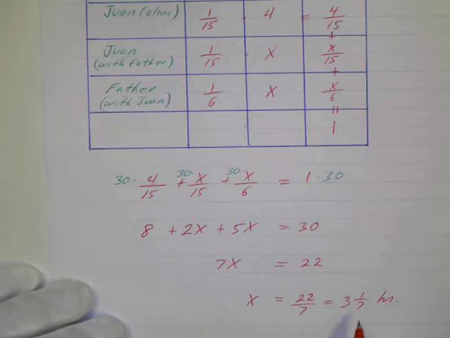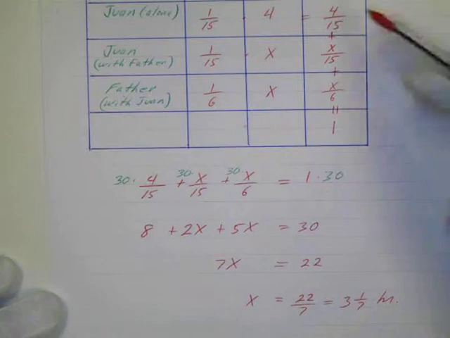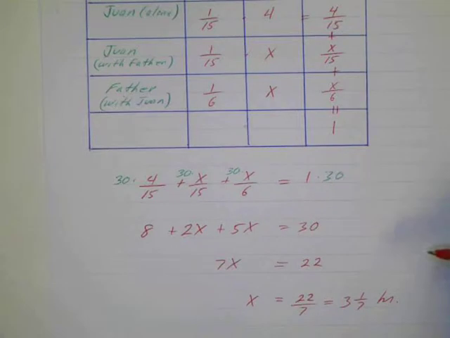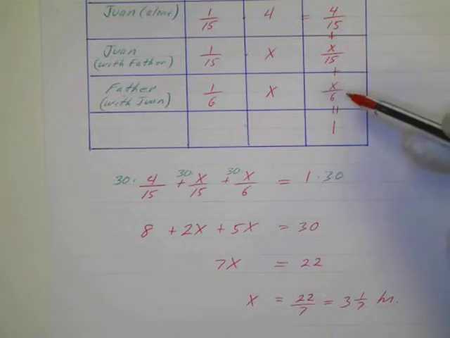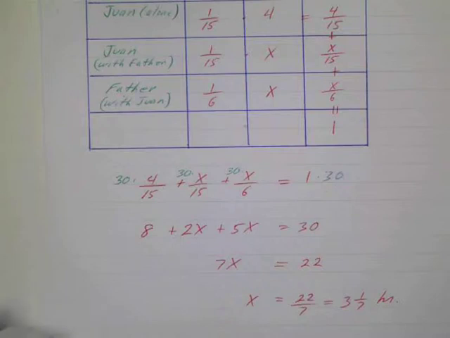And 7 doesn't divide evenly into 60, so it would be hard to convert this into minutes, so we can leave it like that. You could check it, and it would be a little challenging with the fractions, but it would check out. You'd have 4/15 plus 3 and 1/7 over 15 plus 3 and 1/7 over 6, and that should add up to be 1. So there you go.